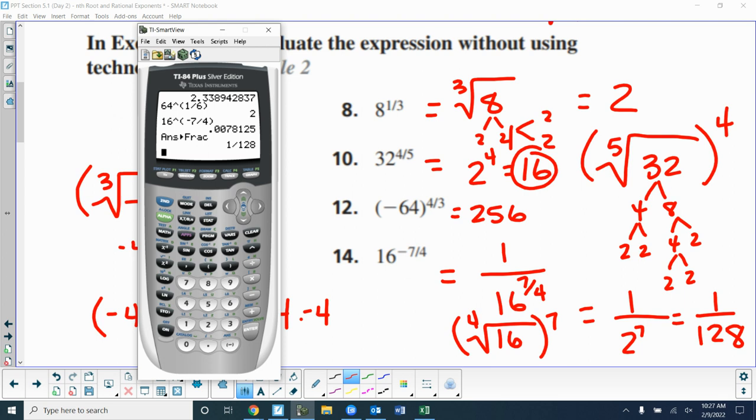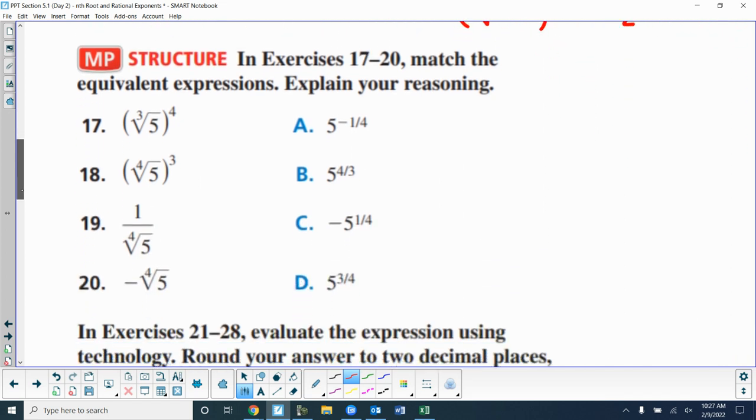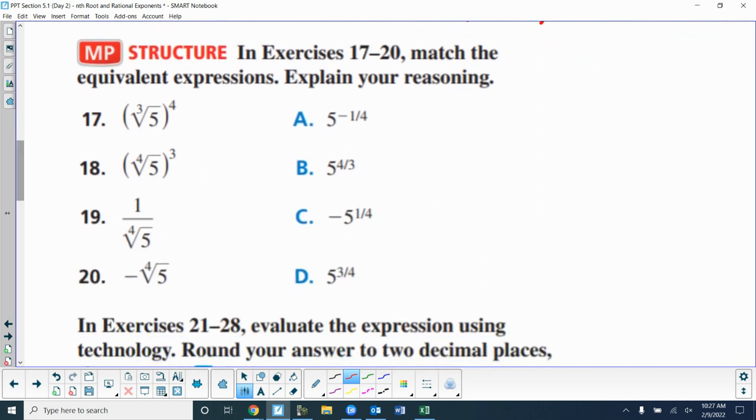All right. Let's see what else we had. So this is 5 to the 4/3. So this is B, right? This is 5 to the 3/4, right? All right, this is 1 over, so that means what we just talked about, the negative exponent, right?